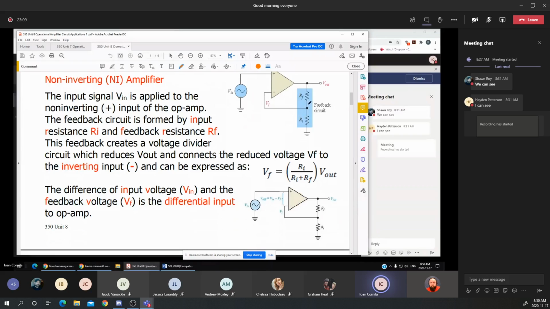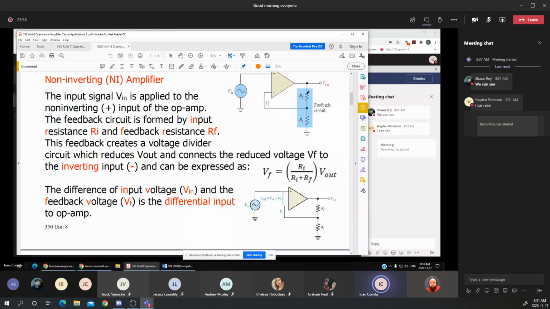Now, if I'm looking to calculate the returning voltage, the VF, with RF in series with RI, I can use the voltage divider rule to determine the voltage returned to the inverting input. If you remember, it is the resistance in question, because RI is connected to the ground, divided by the total resistance of the circuit.